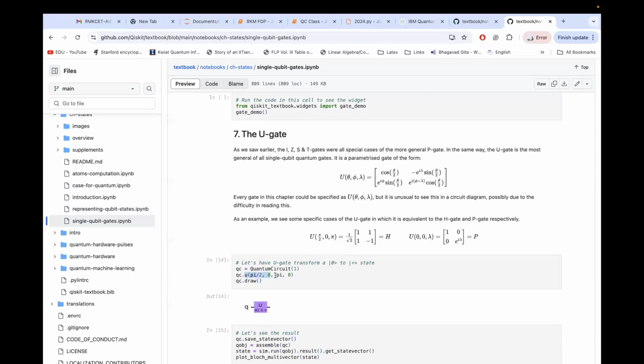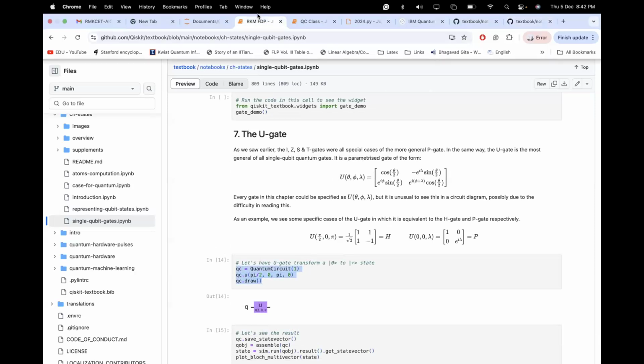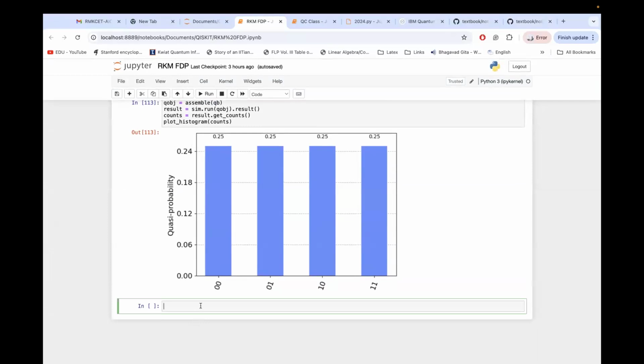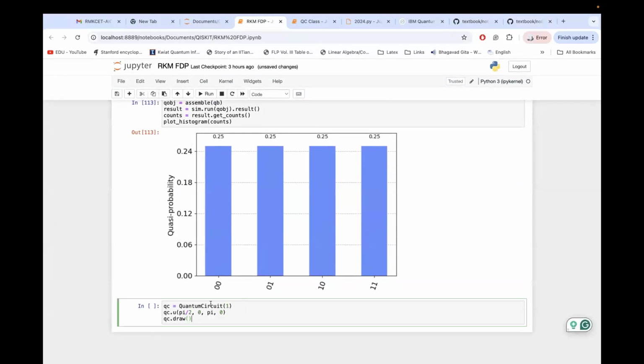So here you see you have created a circuit with one qubit, and its name is QC. For that QC, I'm just applying this unitary operator.